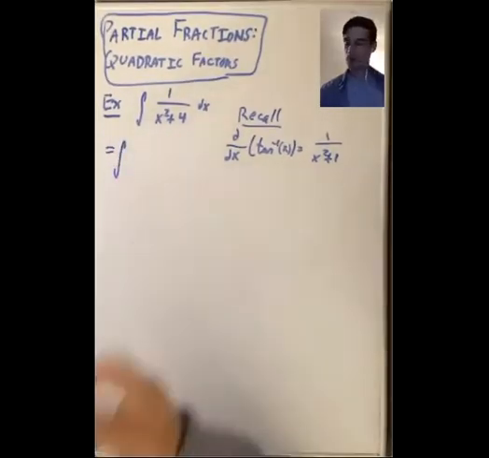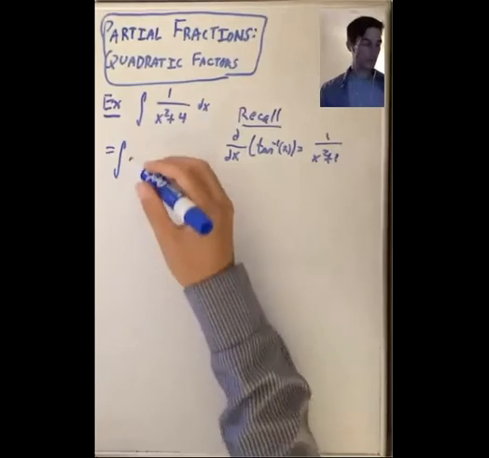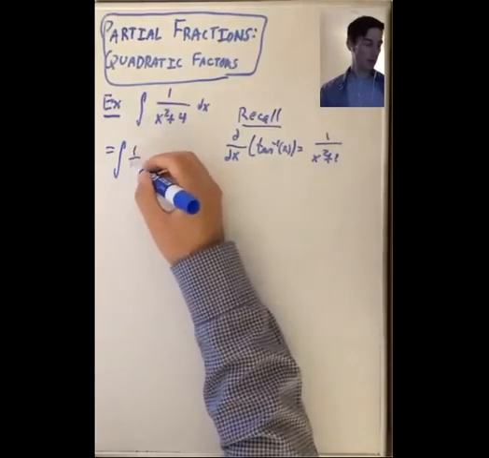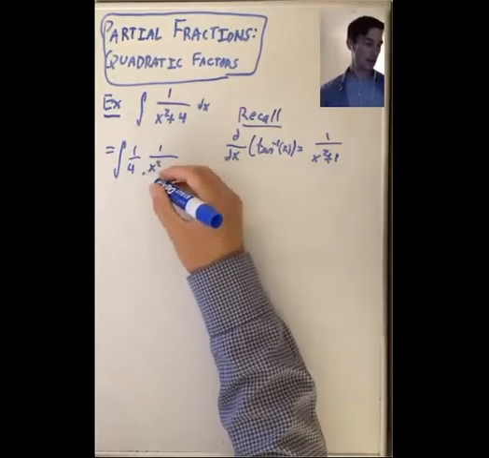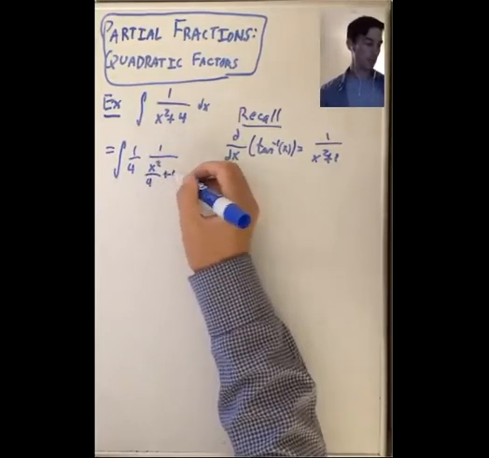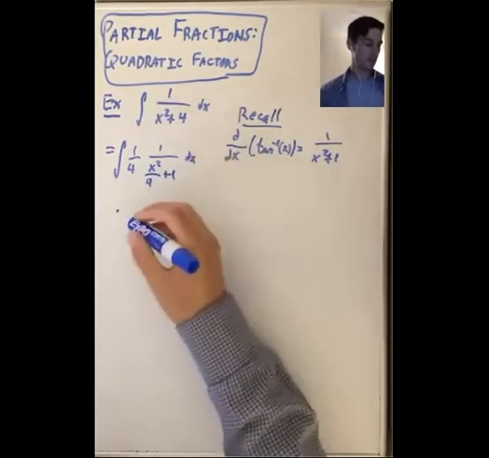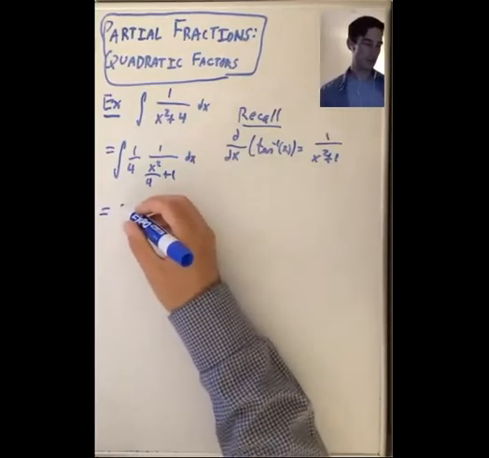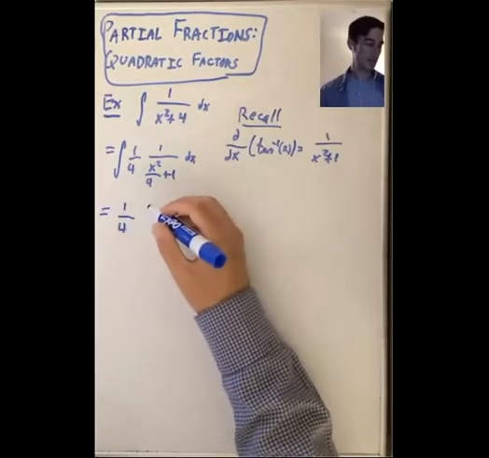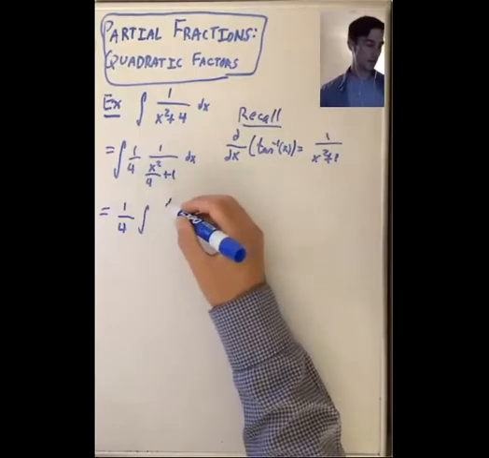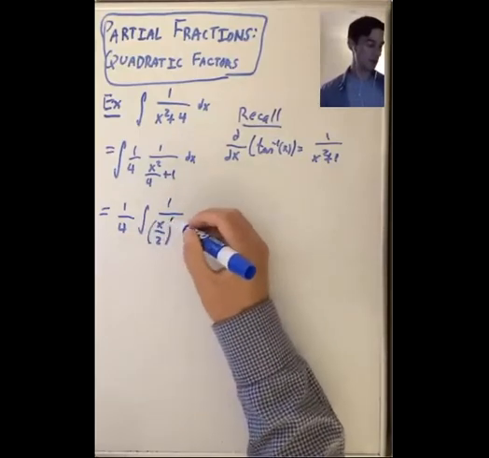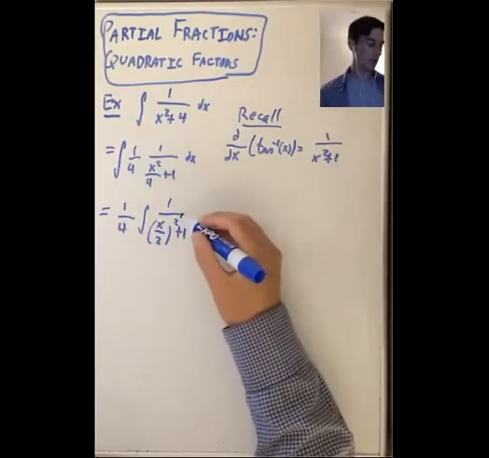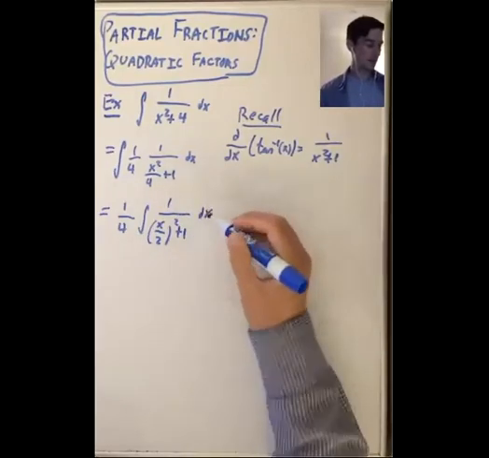Because we could factor out a 1/4, and then we have a 1 over x squared over 4 plus 1 dx. You can make this a little nicer. Write this as 1/4 on the outside. And now we have integral 1 over x over 2 squared plus 1 dx.